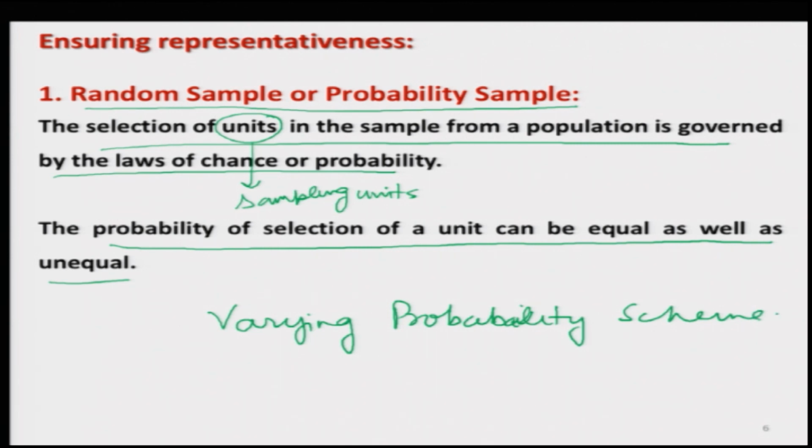And when we have equal probability of selection, we have different sampling techniques such as simple random sampling, stratified sampling, and others that we will consider later in the course.